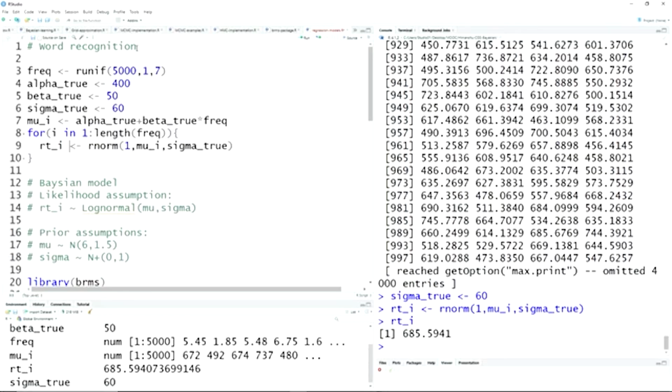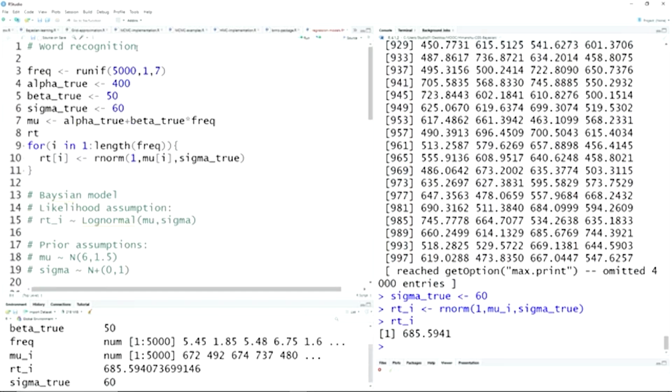So RT in the ith trial, let me just call it mu, is coming from mu in the ith trial, sigma true, right? I can create an empty RT vector. Okay. Now I can create a data frame.